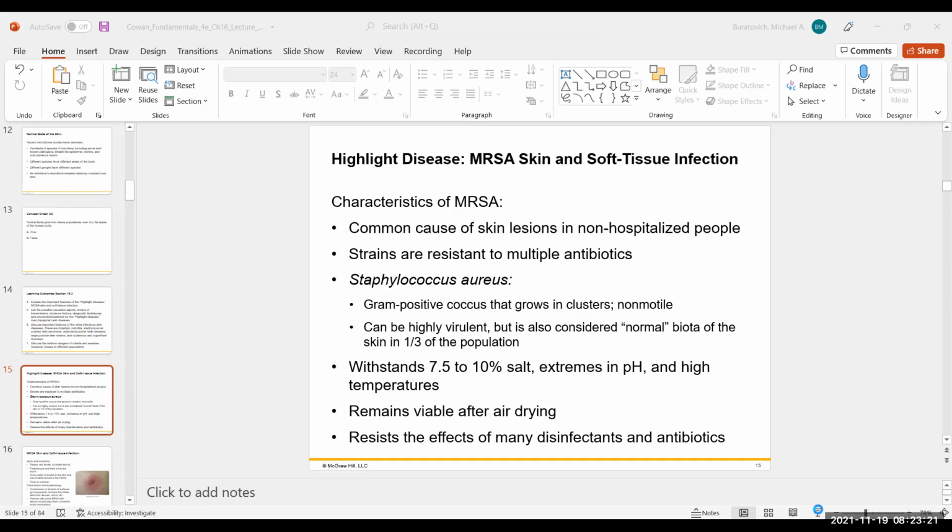The affected area is swollen, red, very tender, and there will be little blebs of the skin superficially.